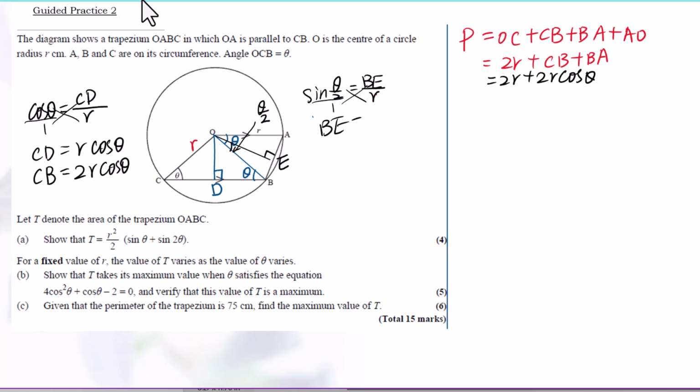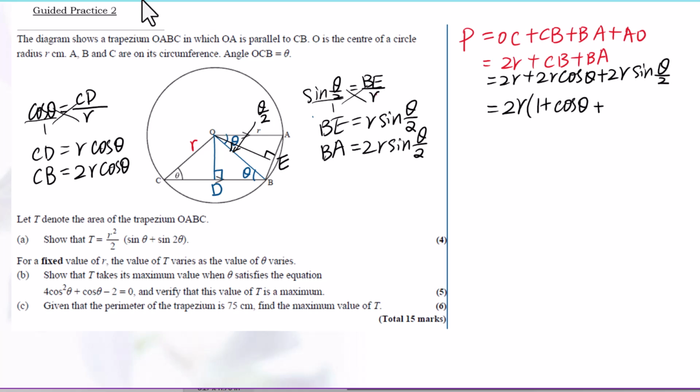BE equals R times sine theta over 2. Then BA is a double BE, 2R sine theta over 2 plus 2R sine theta over 2. We will take a 2R outside. 2R times 1 plus cosine theta plus sine theta over 2 equals 75.